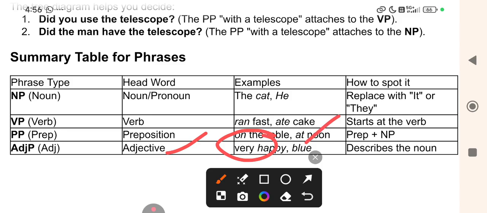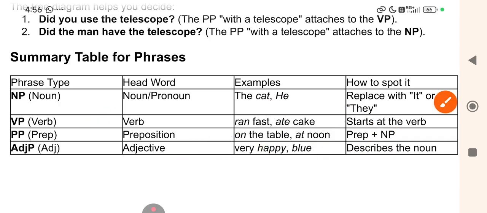"Very happy", "blue", right? It qualifies the noun. So that word we have to find out, and it describes the noun, of course, that is why it is an adjective. So these are some tricks by which you can analyze complex sentences and ambiguous sentences.